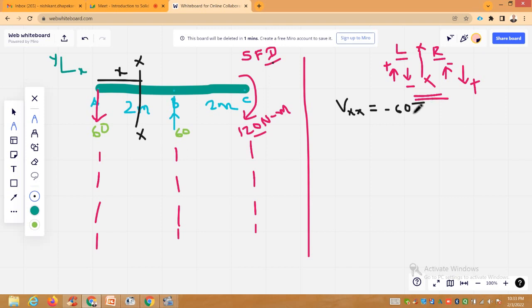Now this section is valid from A to B. When the section will reach at A, the value X, see when section will move in this direction, the value X is variable, it will go on decreasing, and at A it will be equal to 0. You try to imagine. When this section will move towards right, this X value will go on increasing. When it will reach at B, the value will be 2.